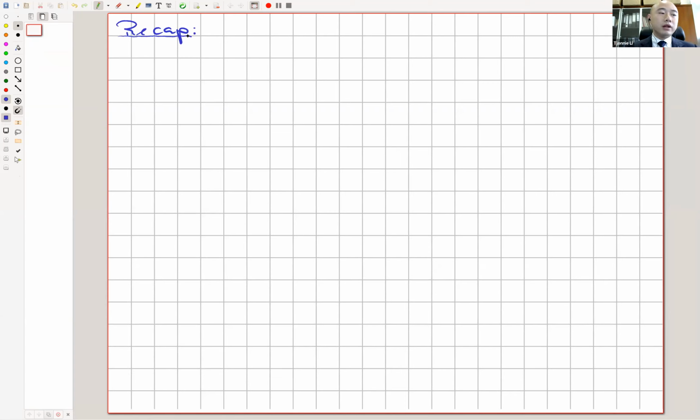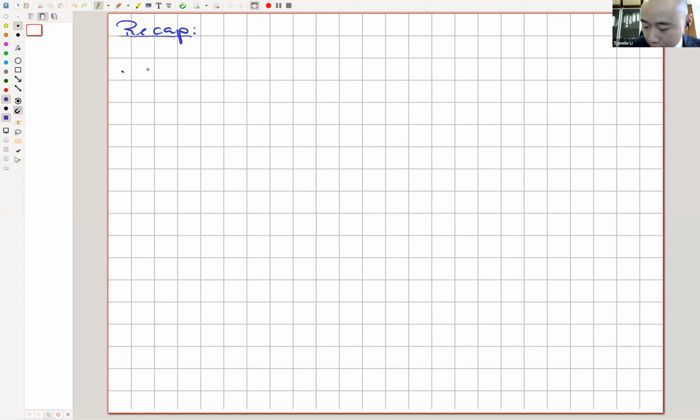Last time we really focused on integration of fields. These are, for example, integration of a scalar field and integration of vector fields. Generally, there are three types.